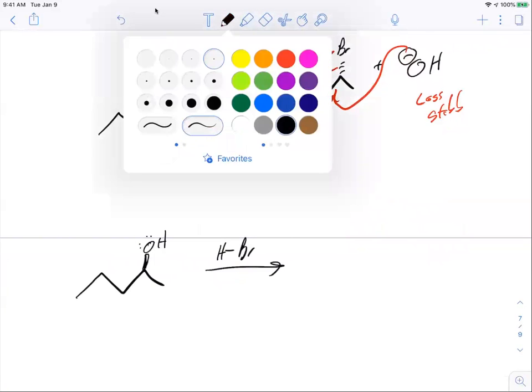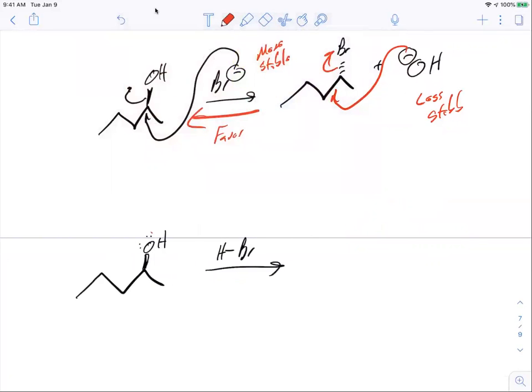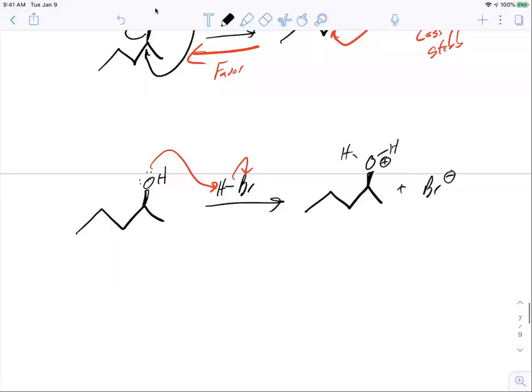We can make that a better leaving group by modifying it. So first thing we do is protonate, a proton transfer, an acid-base reaction. Now what's my leaving group? Not the hydroxide, but water. Water is a great leaving group.